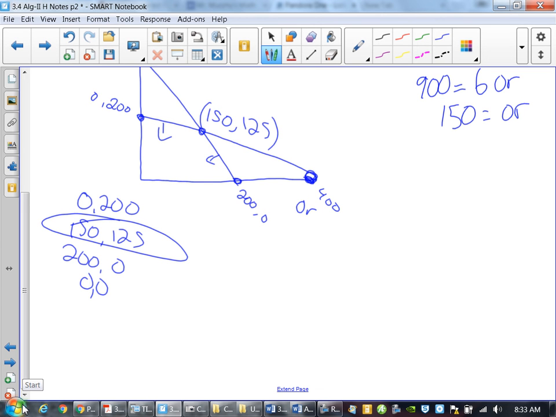You're going to have 150 quarts of orange and 125 quarts of the berry. So that means it would be divided by 4. So 37 and a half and 31 and a quarter is what you would wind up with. Correct, because it asks you in terms of gallons, just like your final point. That's about as crazy as that one gets.